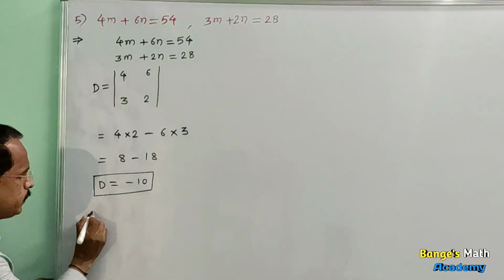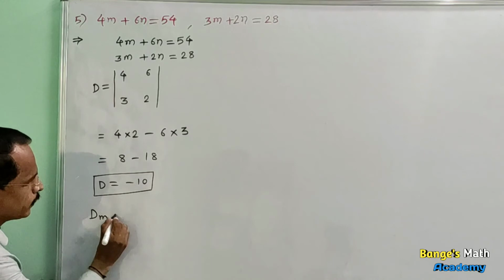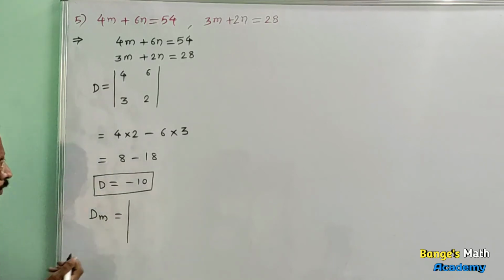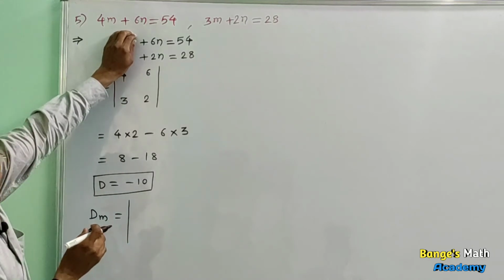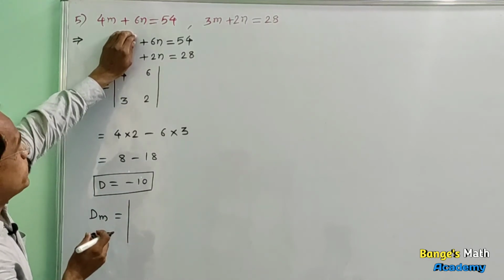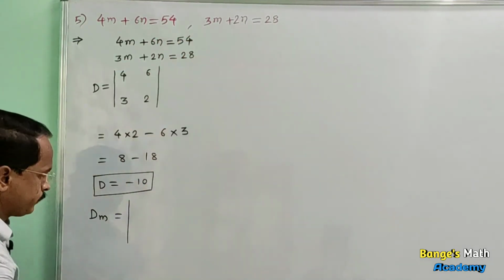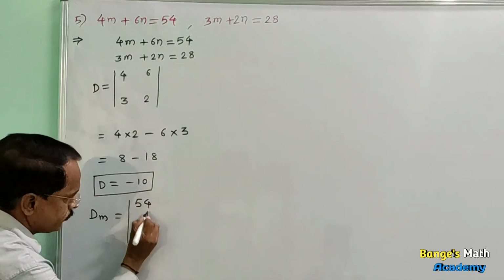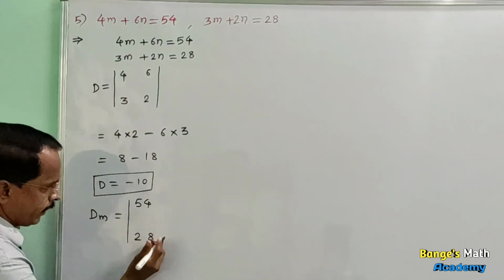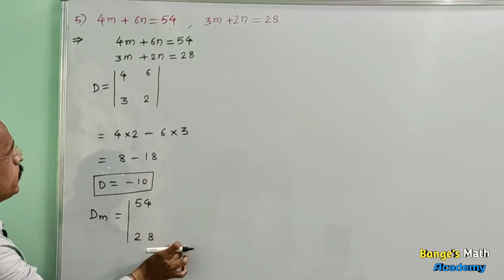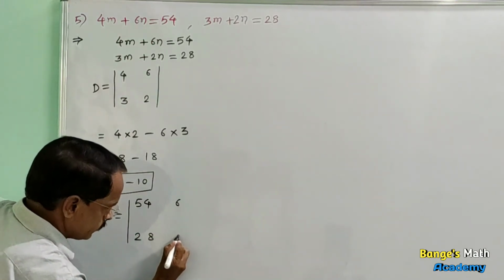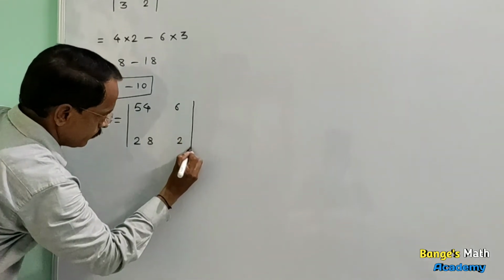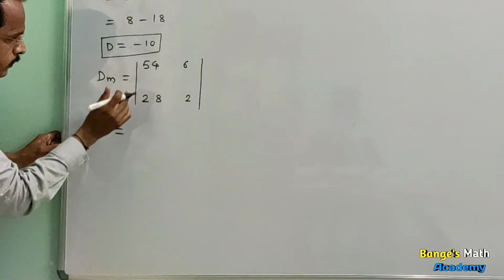Then find dm is equal to, in first column hide the coefficients of m and replace it by constant term 54, 28. In second column write down coefficients of n: 6, 2. Simplify this.